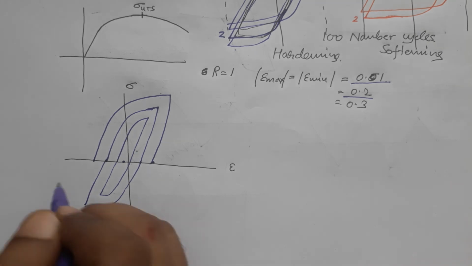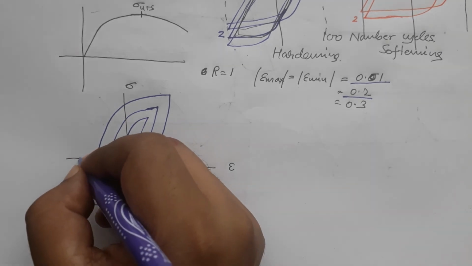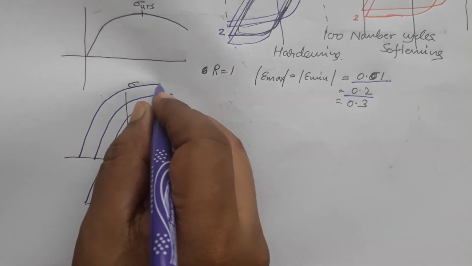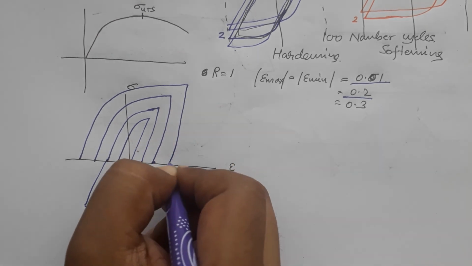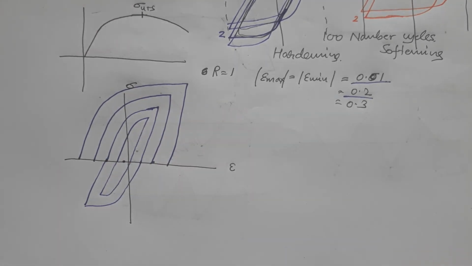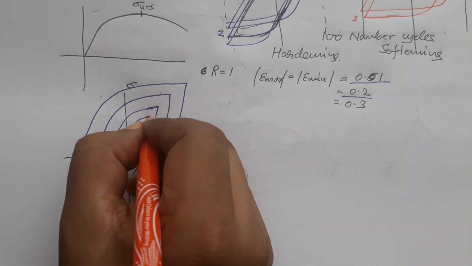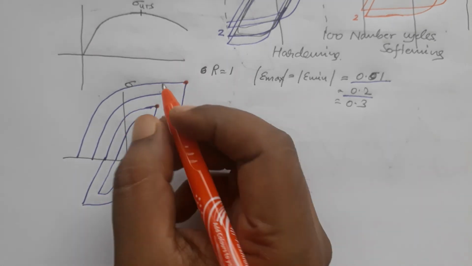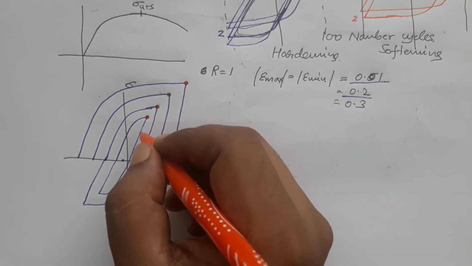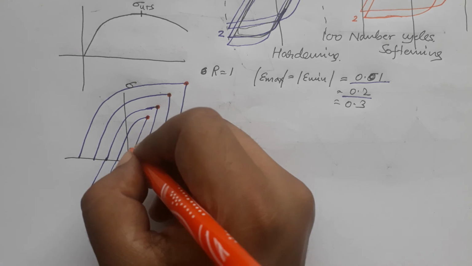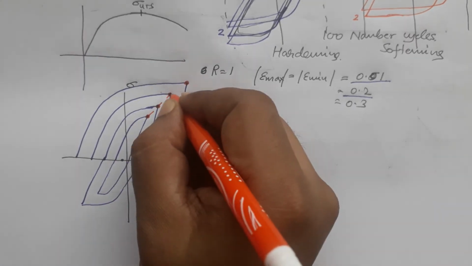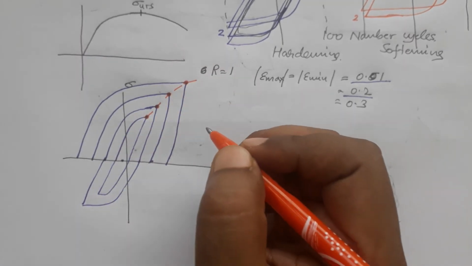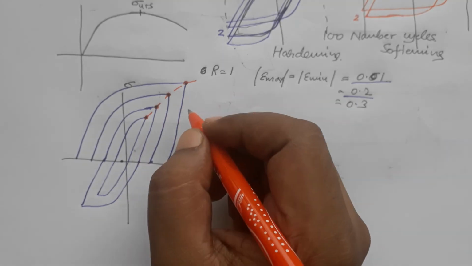So forget about the lower part, it is going to be like that, and then we do it for the fourth value, and similarly you will be getting this kind of plots. So once you have plotted all those, then you select these points, and you join these points, and that becomes your cyclic stress strain curve. Okay, so this is your cyclic stress strain curve.